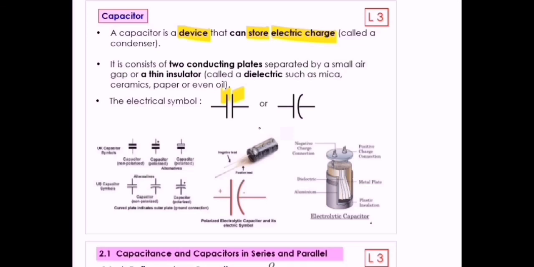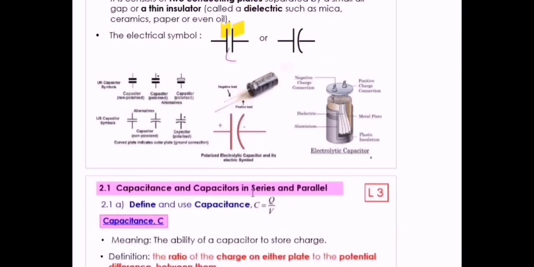In the center, it could be air, or it can also be a thin insulator. Some capacitors are separated by air, whereas some have a dielectric at the gap. These are examples of a capacitor, and this is the electrical symbol for a capacitor.